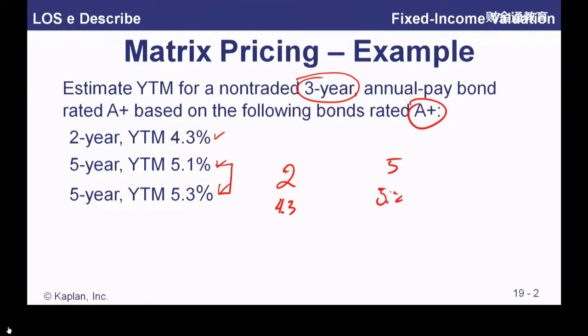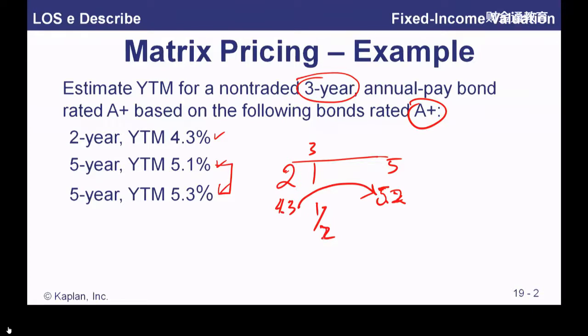And now, this is a 3-year period. We want a bond here at time 3, so we are 1/3 of the way from 4.3 to 5.2. And so that's where the interpolation comes in.